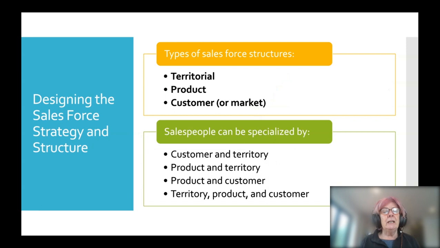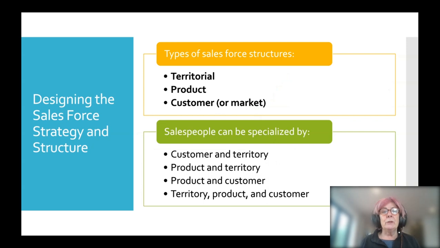So companies will need to design both their sales force strategy and the structure. For large companies, this might mean thinking about how we organize our salespeople. Do we give each salesperson a geographical territory? So, for example, we have a sales force responsible for a particular region or a country. Or do we have a sales force for individual products? And the decision here will depend very much on the type of company and what its product portfolio includes.